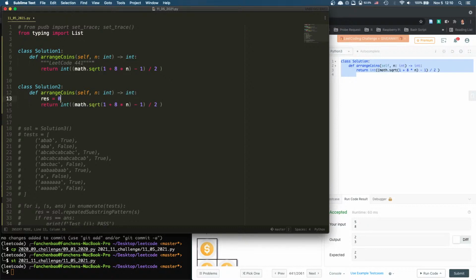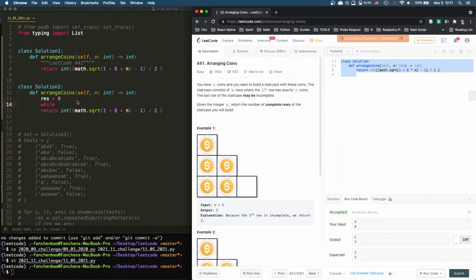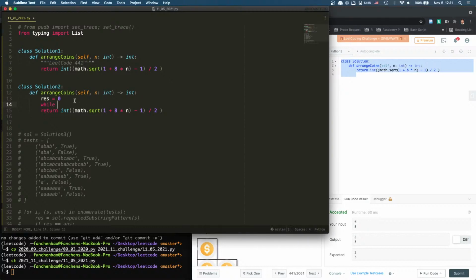Res equals 0, right? And then we are going to say while, so we need to have a sum, right? Res, and then we also have an s, just like a sum. And shouldn't res start with 1, right?